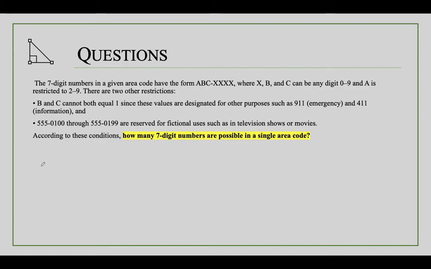Okay, so just like before then, I'm going to set up my options so I can figure out the total. So I have A, B, C dash X, X, X. Okay, so I know X, B, and C can be 0 to 9. So 9 minus 0 is 9, plus 1 is 10.